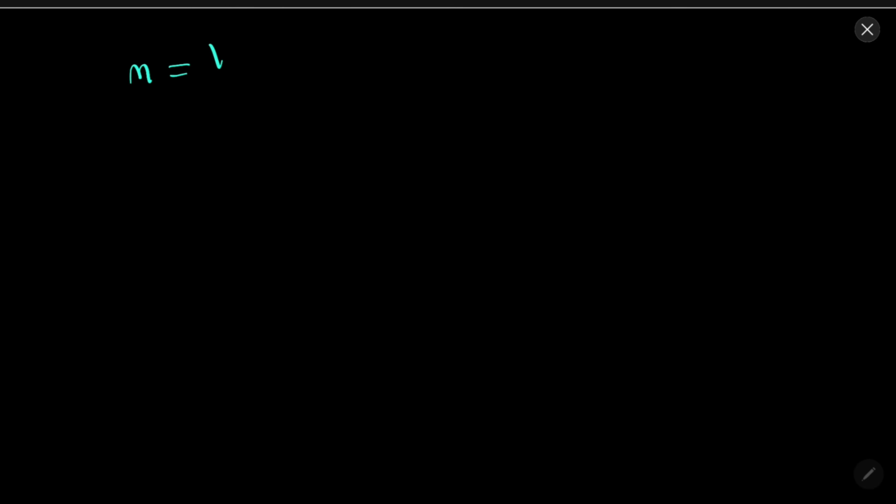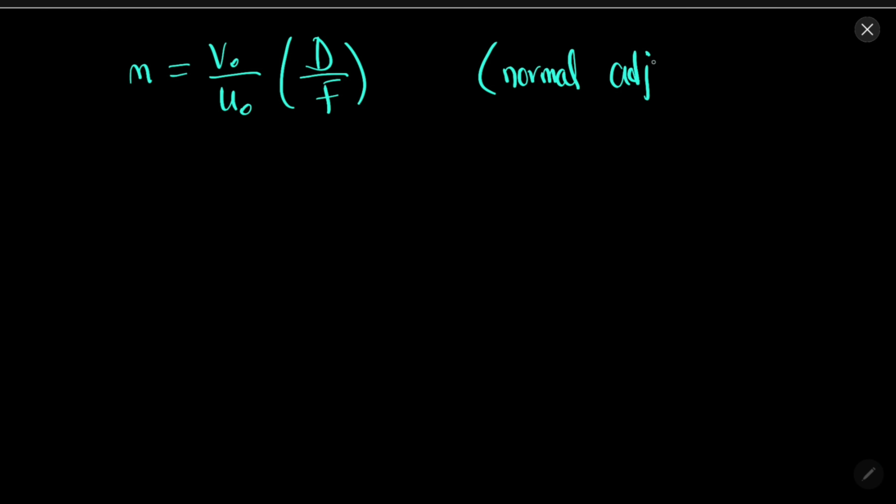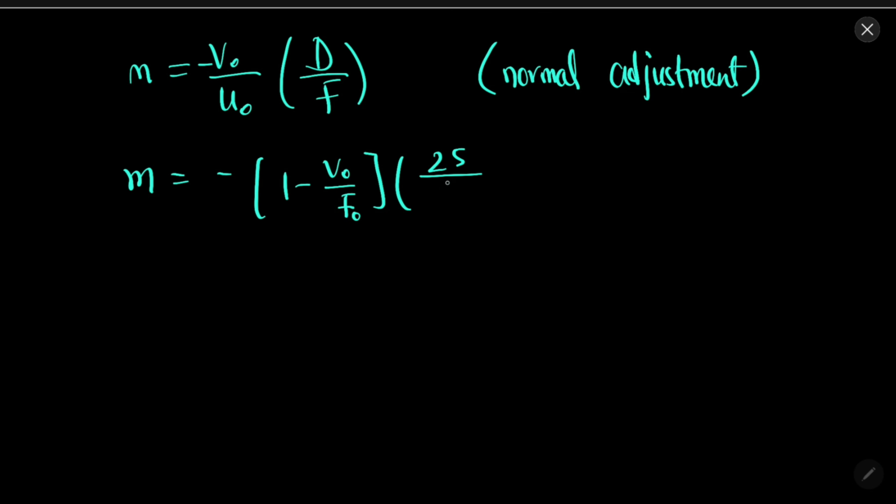Now for normal adjustment, that is image obtained at infinity, the formula for magnification is VO over UO into D over F. So magnification will be minus, if we simplify it further, we will obtain 1 minus VO over FO, D is 25 over eyepiece Fe.